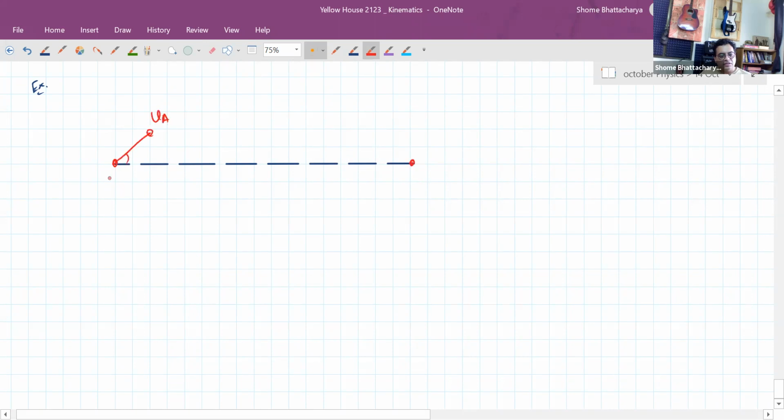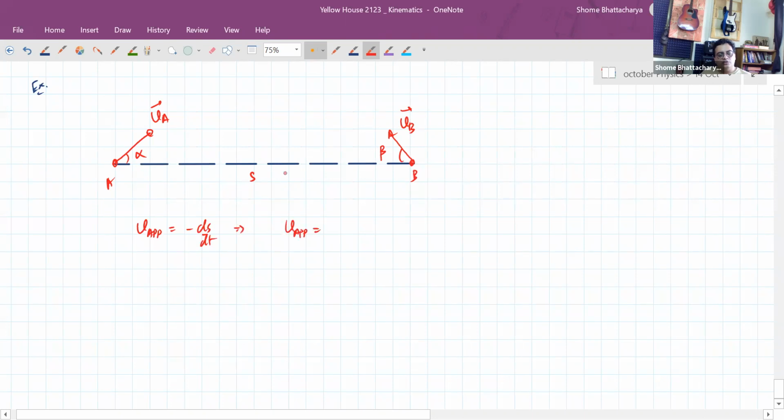A has an instantaneous velocity making an angle alpha with the line AB like this, and B has an instantaneous velocity like this, then the approach velocity is the rate at which S tends to decrease with time.